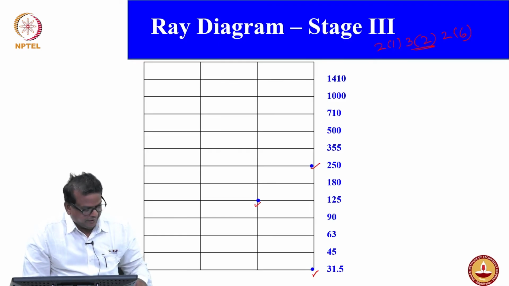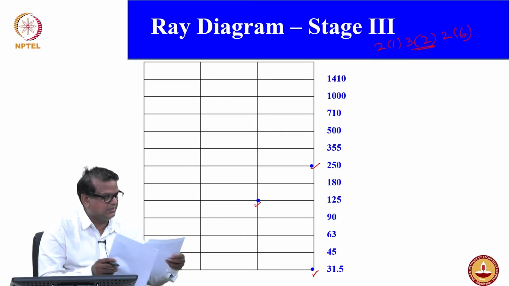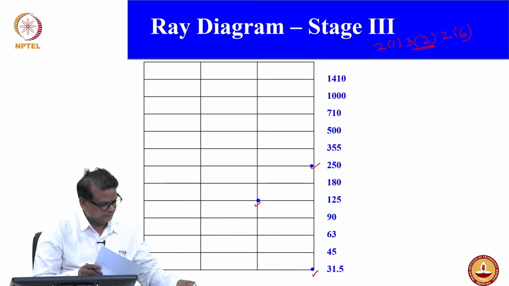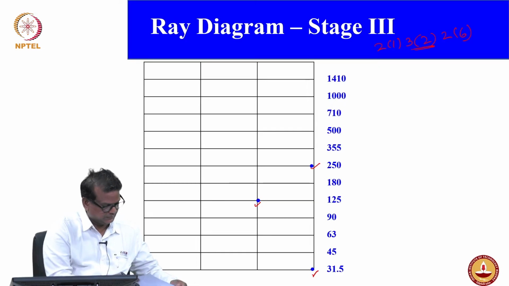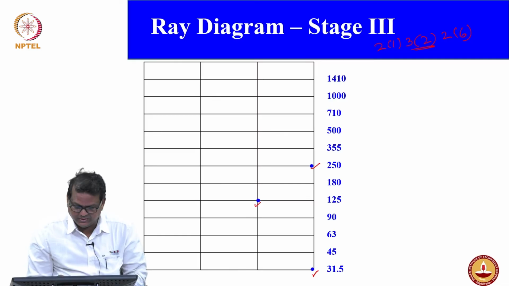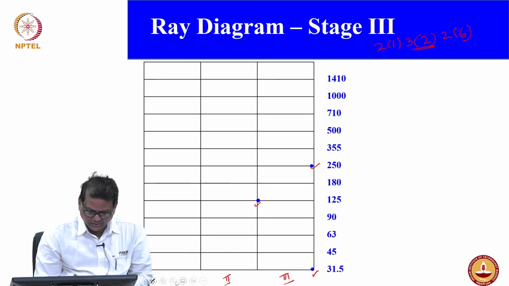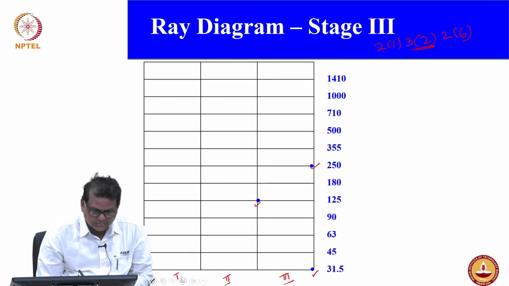Okay, fine. What is the difference between the second stage and the third stage? Right. So this is my third stage, this is my second stage, and this is my first stage.